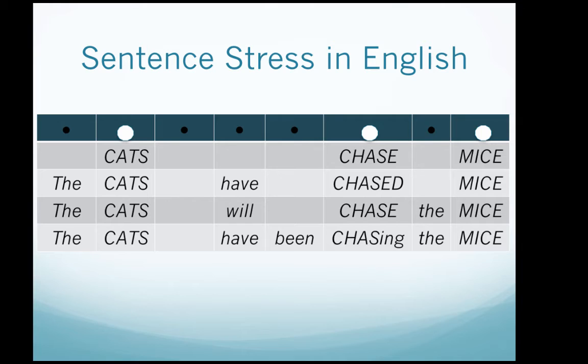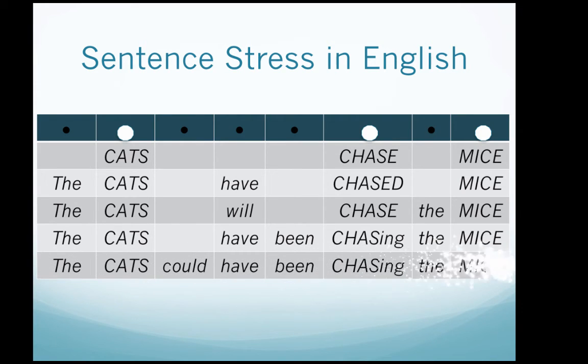The cats have been chasing the mice. Cats chase mice. Finally, we add many more, and still the same is true. The cats could have been chasing the mice. Cats chase mice. The cat will chase the mice. The cat could have been chasing the mice.